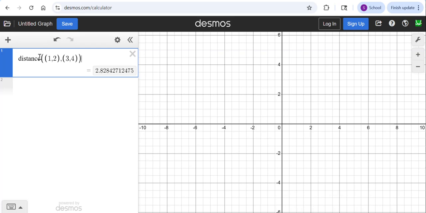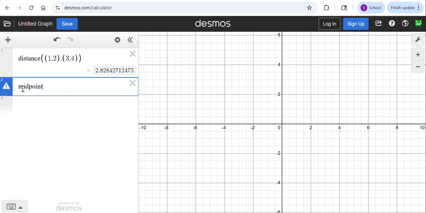Okay, if you calculate it using the formula, you're going to get the same thing, but this is an easier and neat trick to do this. The same way, if I want to find the midpoint between, let's say, the same 2 points, I am going to type the word midpoint, and then open parentheses for the coordinate points, (1, 2), comma, (3, 4), and then close it, and it gave me the midpoint of those 2 points, which is at (2, 3).